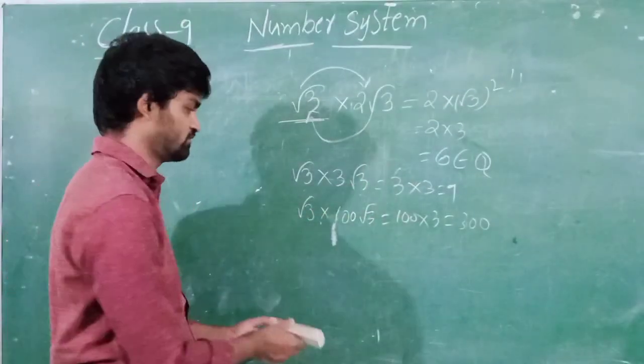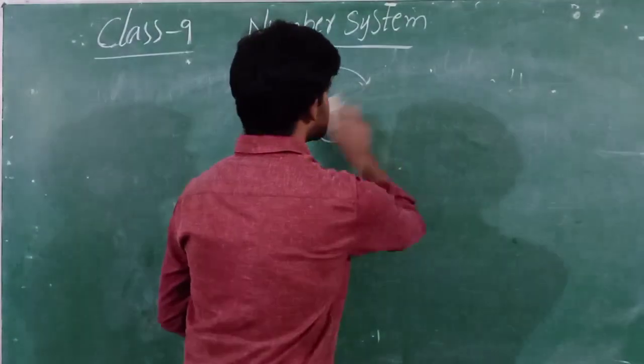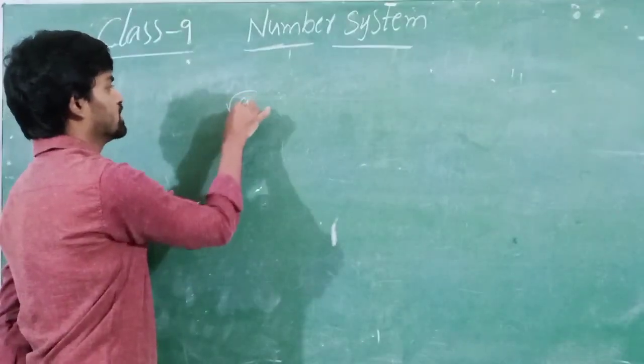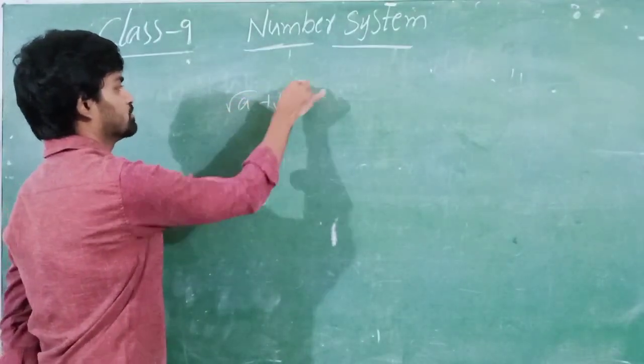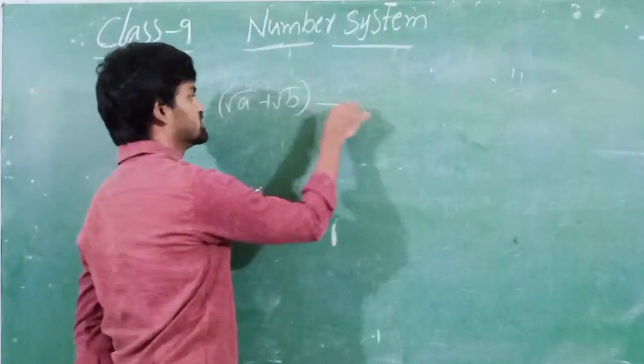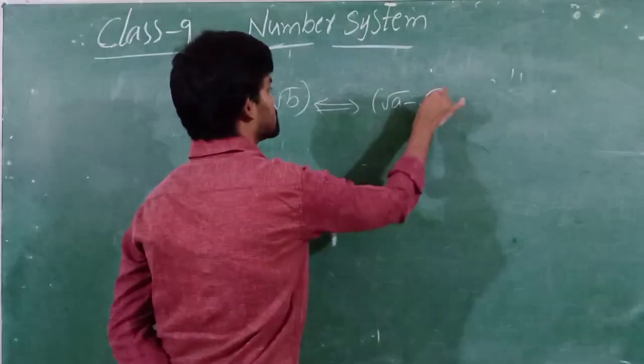Let us see what will be for binomial. So binomial, any irrational number which is in the form of root a plus root b will have its rationalizing factor as root a minus root b.